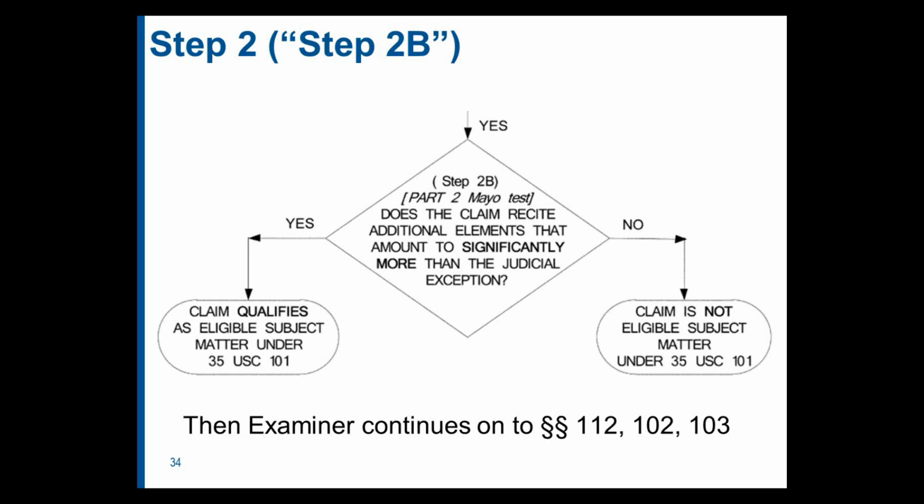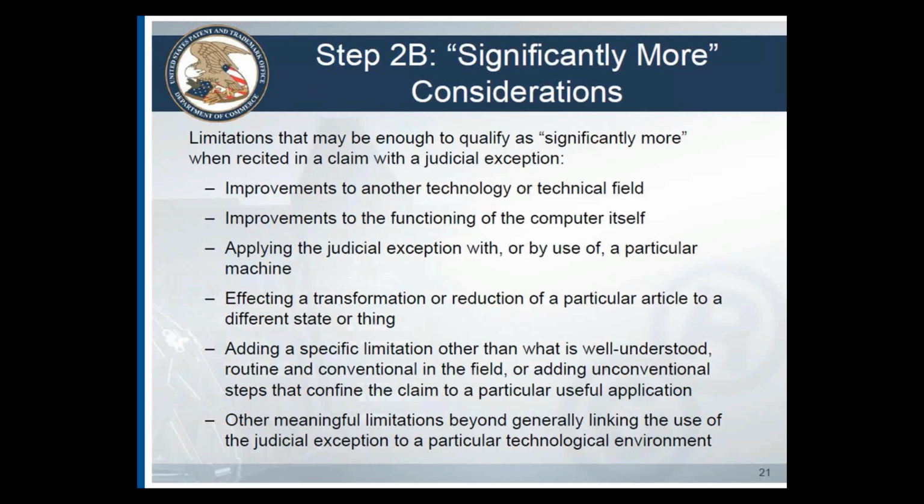Now, importantly, in either case, the examiner is directed to continue on to sections 112, 102, 103. So it's important to remember, of course, that 101 is just one step, one hurdle to get over, and there's still all the other sections of the Patent Act to satisfy. The question is, what does significantly more mean? And this is really where the majority of the battles are being fought under 101 at the current time.